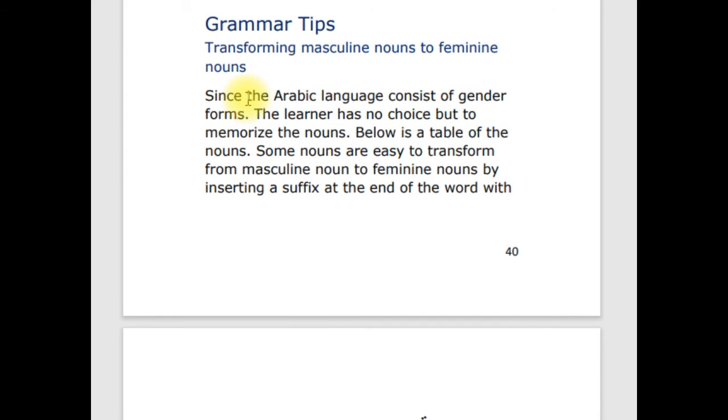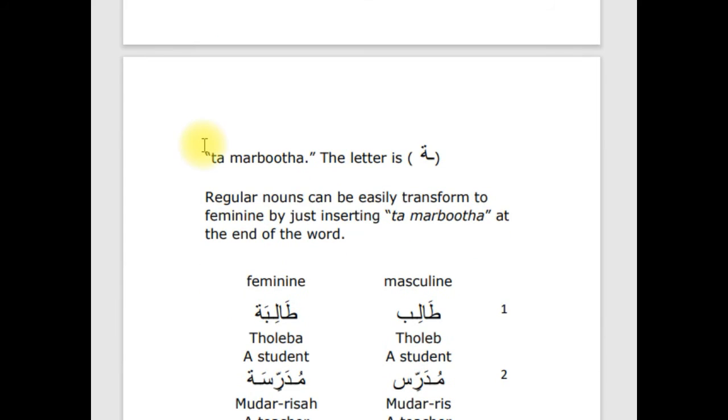Grammar tips. Transforming masculine nouns to feminine nouns. Since the Arabic language consists of gender forms, the learner has no choice but to memorize the nouns. Below is a table of the nouns. Some nouns are easy to transform from masculine to feminine by inserting a suffix at the end of the word, the ta marbuta.